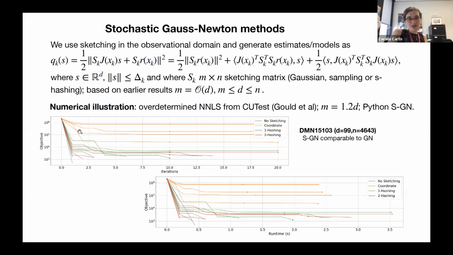So sampling is in orange, and it does not work very well because it gives you a bit of improvement, but then it stagnates. Hashing works better. Gauss-Newton is best in terms of iteration, but when you look at runtime, iteration is a misleading concept. It just counts how many linear least squares you solve. But what you should be looking at with these methods is runtime. And in runtime, we gain with hashing on Gauss-Newton.